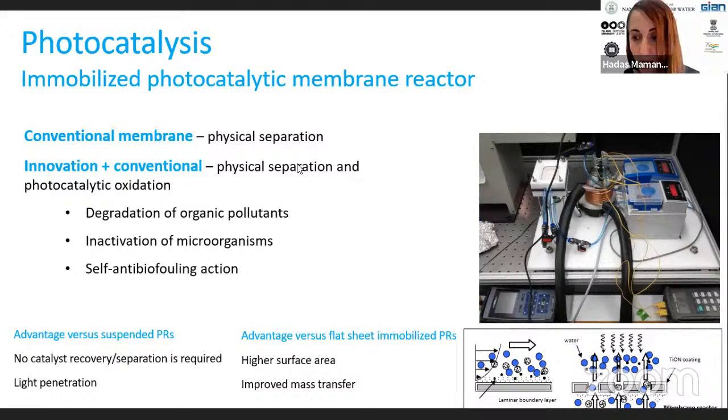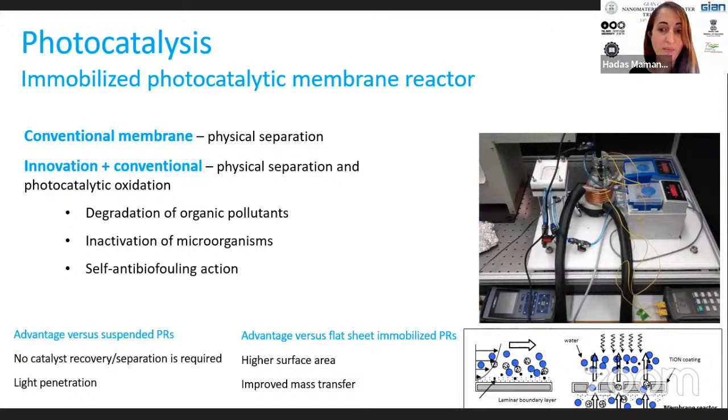Of course, one important feature is that the membrane by itself would not be degraded by light. Therefore, the photocatalyst coating should be, for example, on ceramic membranes, metal foam membranes, or different types of carbon-based membranes.